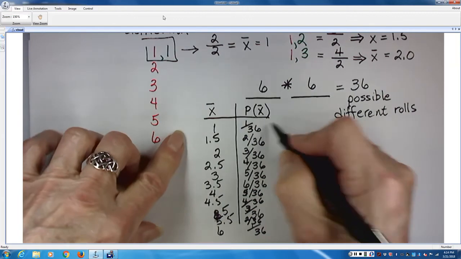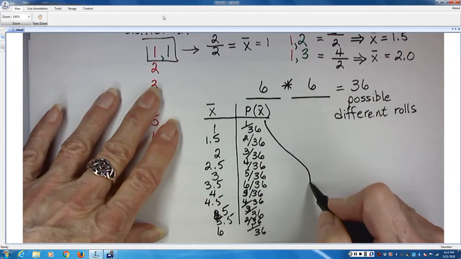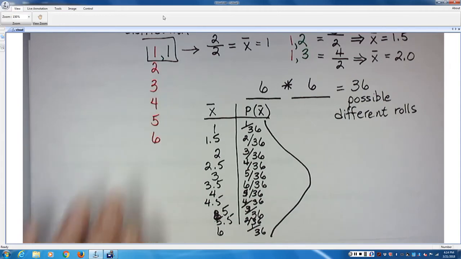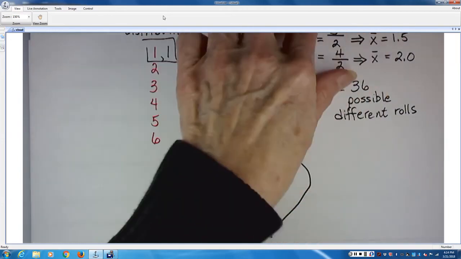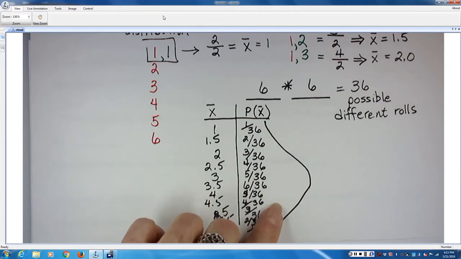So what happens is my distribution starts out low, peaks over the mean of 3.5, and then drops back down, and that's going to be a normal distribution. So this is the probability distribution for all of the possible samples of size 2 out of that population. And it has a normal distribution.